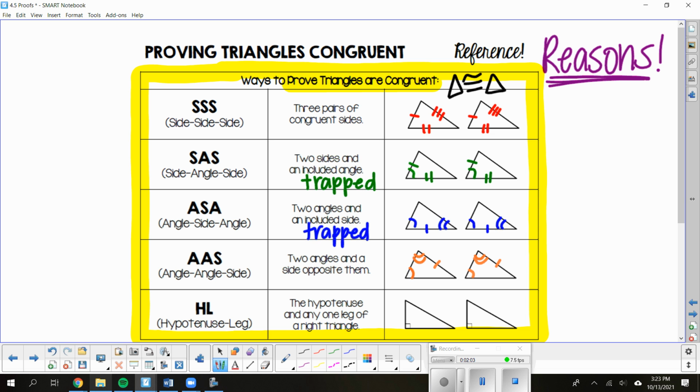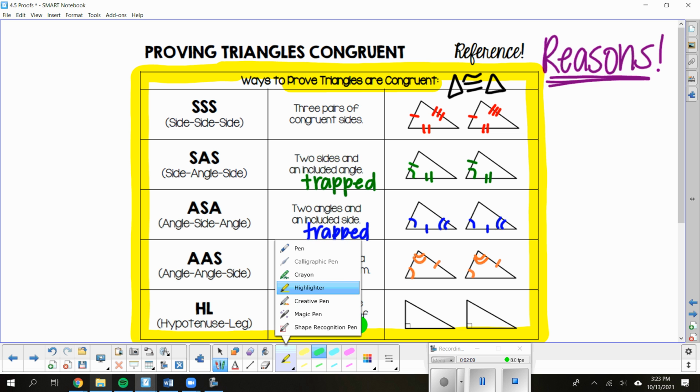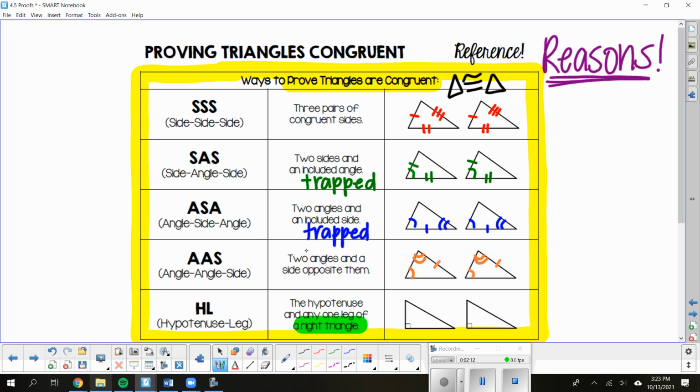And then your last one is hypotenuse leg. Remember that is only valid for right triangles. Your hypotenuse is across from that right angle, and your leg can be either of the other two sides. So again, if your statement reads triangle congruent to triangle, you can pick any of the reasons from this box, your big five, to fill into the reasons box.